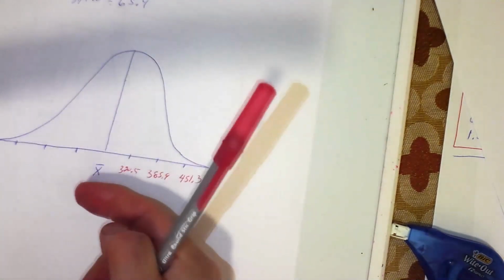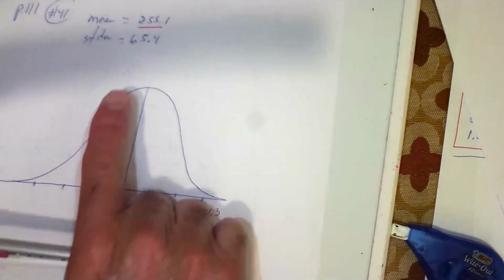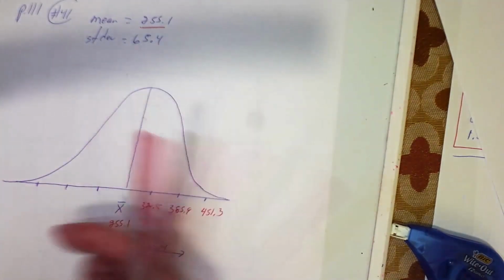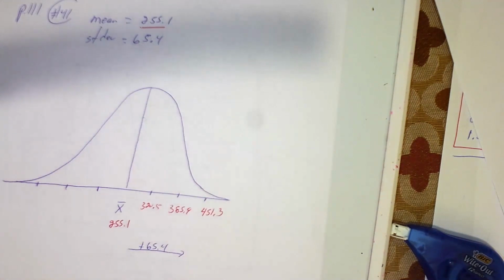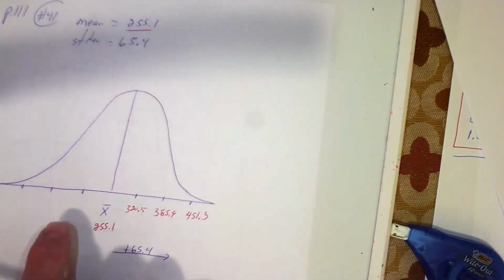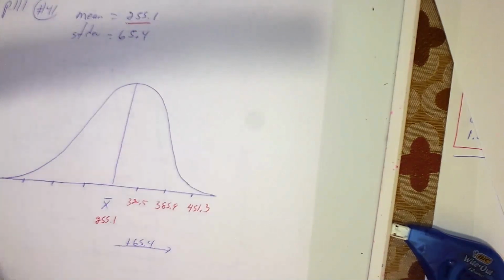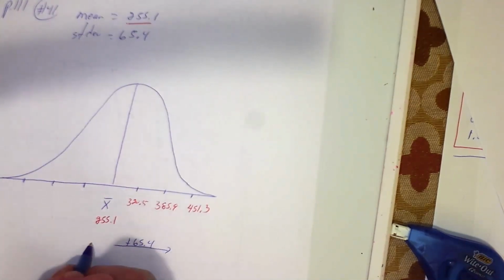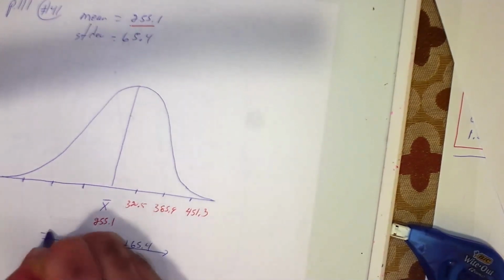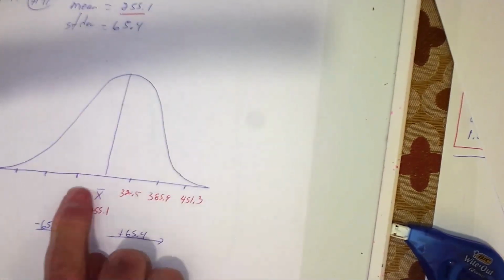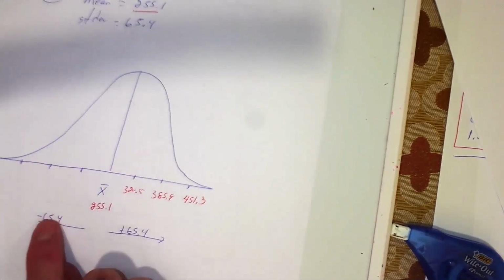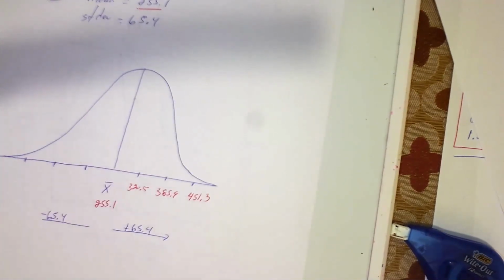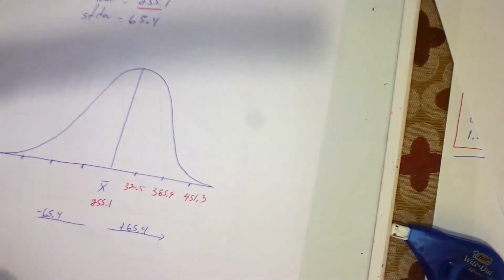And if you go left, you subtract 65.4 as you go left. Think of the number line. You're going negative, so you continue to subtract. Here, you're going on the positive side. The other one, you're doing negative. So we're going to subtract when you go this way. 255.1 minus 65.4 gives me my first tick mark on the left, 189.7.